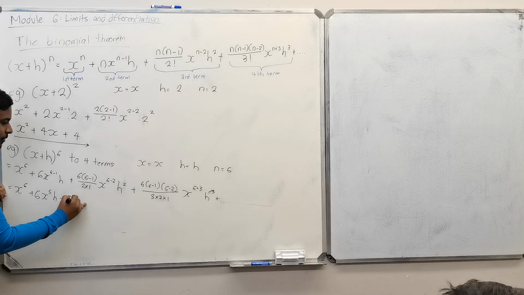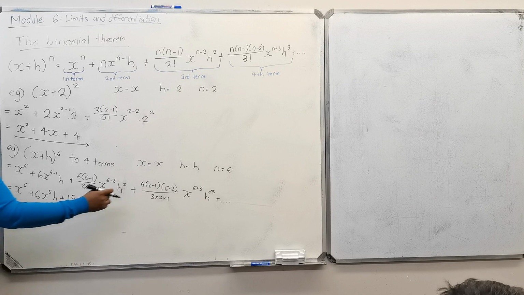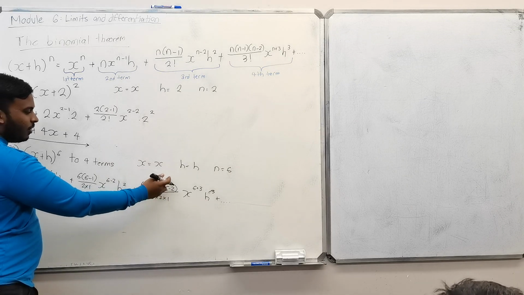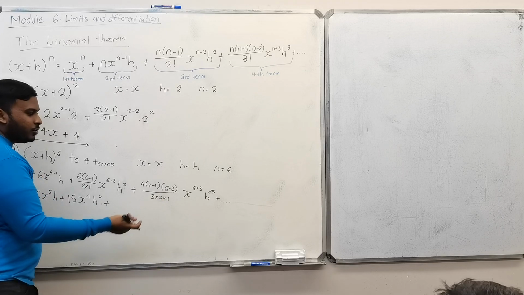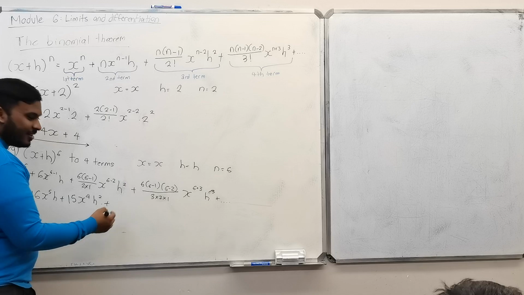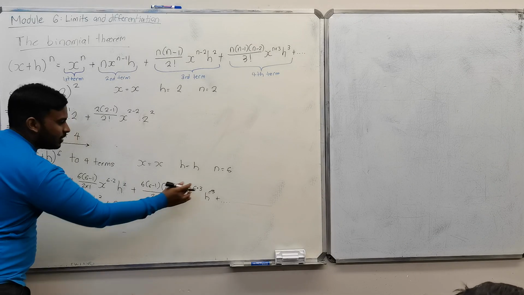So this will be 15 x to the power 4 h squared. Then here this would be 30 times 4, which is 120. 120 divided by 6 is 20, so 20 x to the power 3.